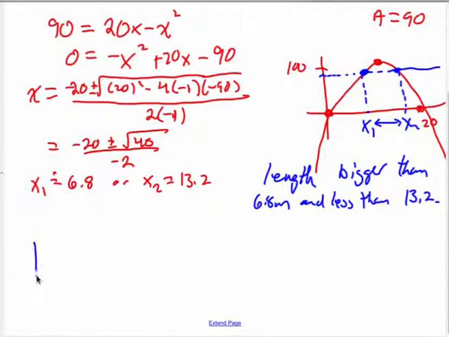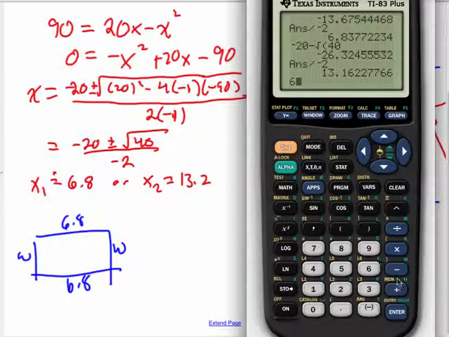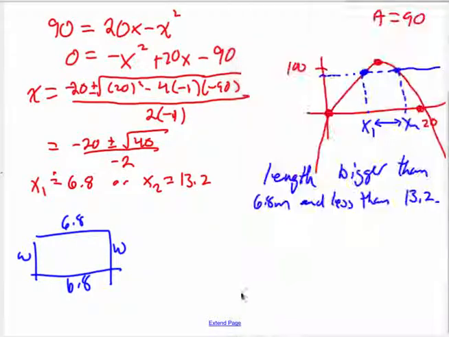So in terms of the dimensions, I know that my length has to be between these two values. So 6.8, W, 6.8 times 2. Well, I'm not very good at math in my head, so 6.8 times 2 is 13.6.